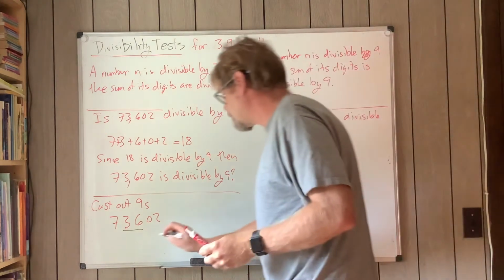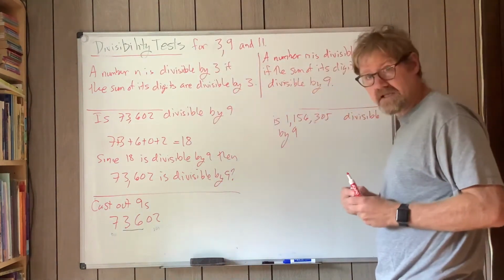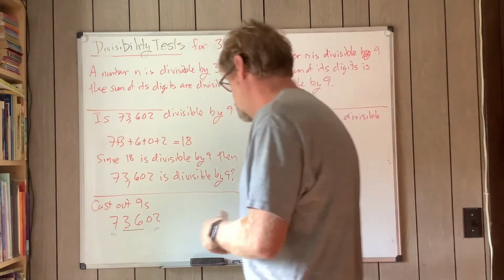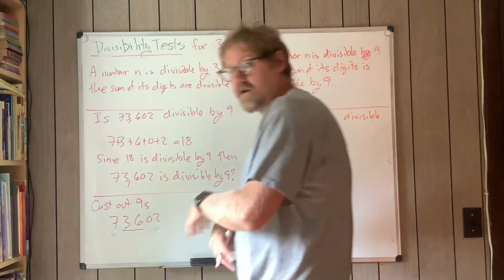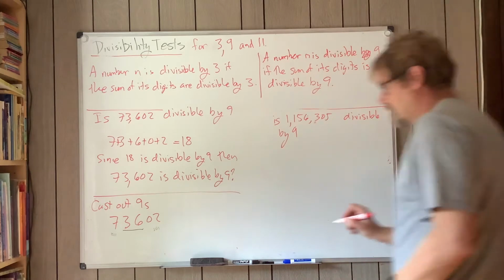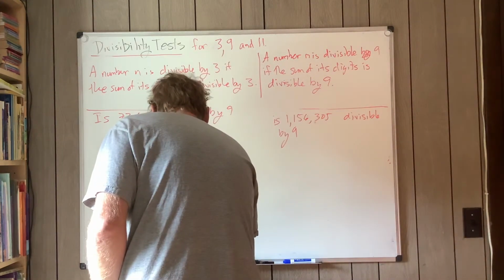I throw that out. And 7 and 2 I add together, and I get 9 out. Done. So those are gone, and those are gone. I've got nothing left. It's just 0, so then that's a yes. 7, 2 cast out.